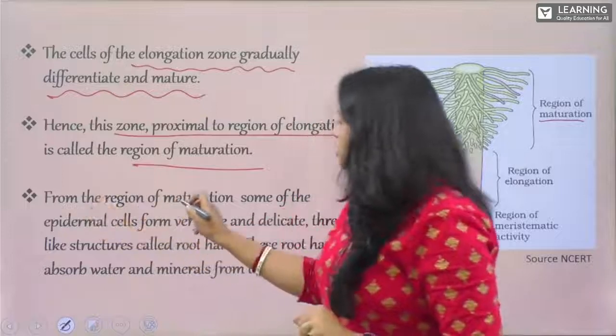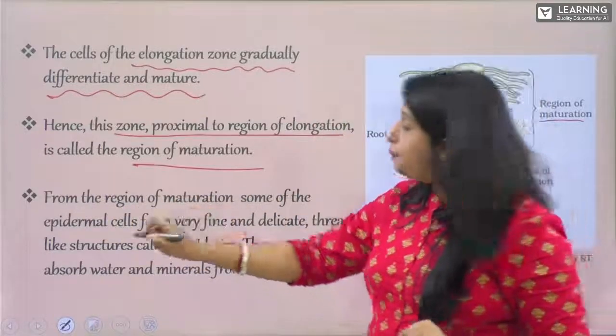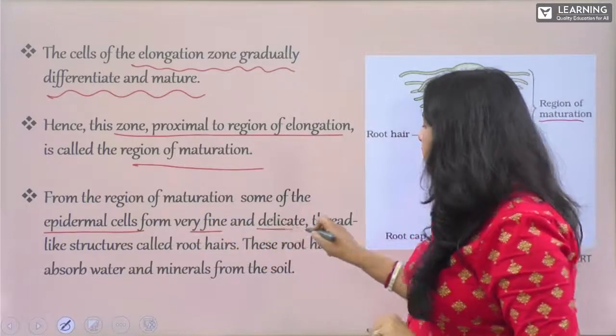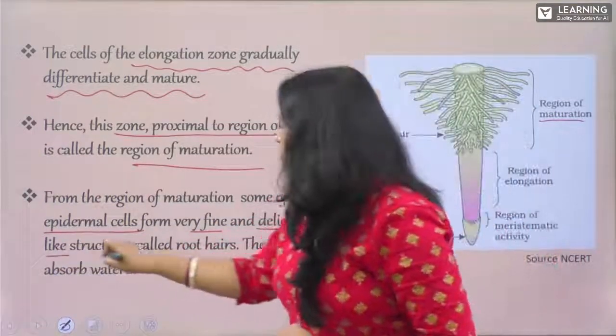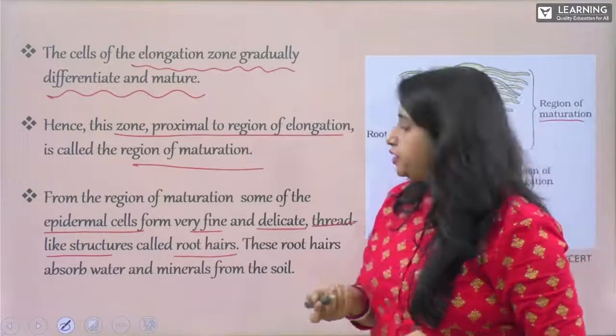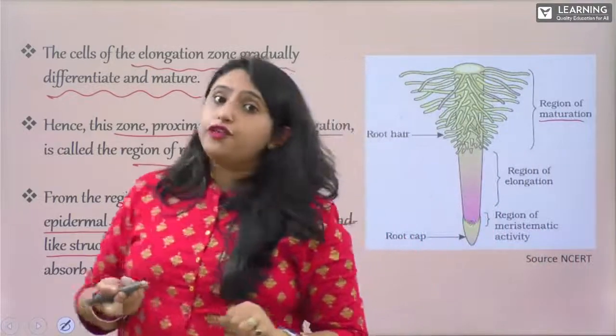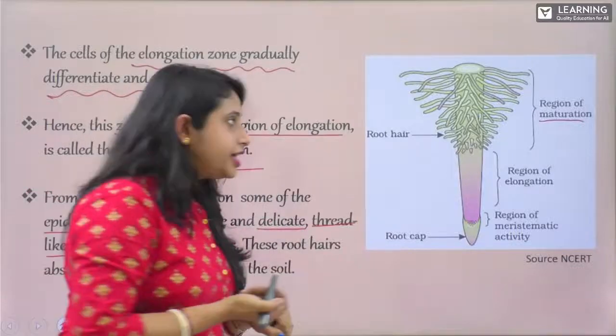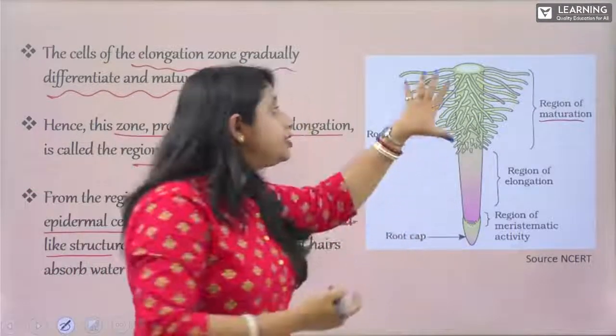From this region of maturation, some of the epidermal cells form very fine and delicate thread-like structures called root hairs. As you can see, from the region of maturation, there will be thin thread-like structures, right? So how is the root hair?